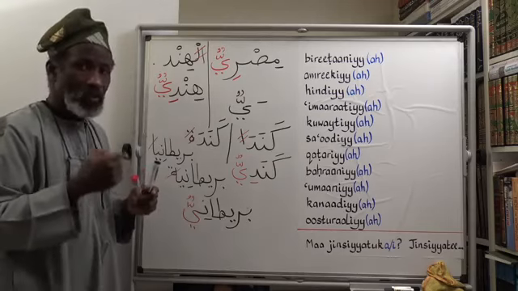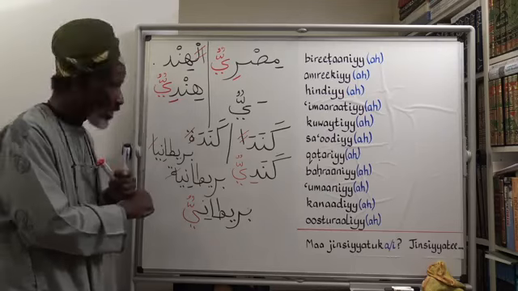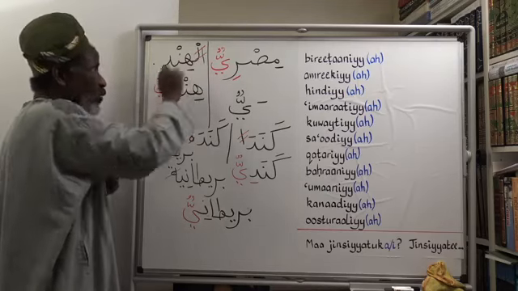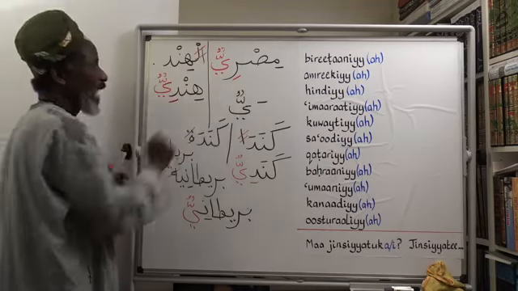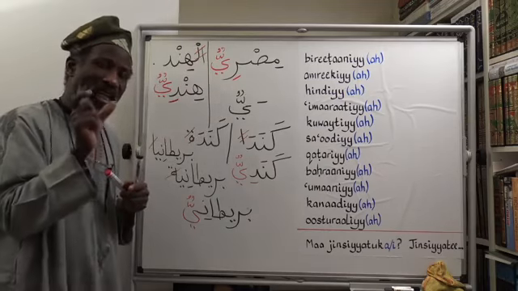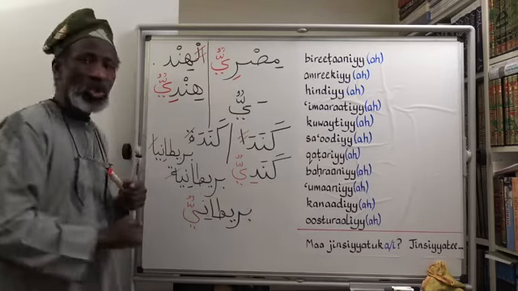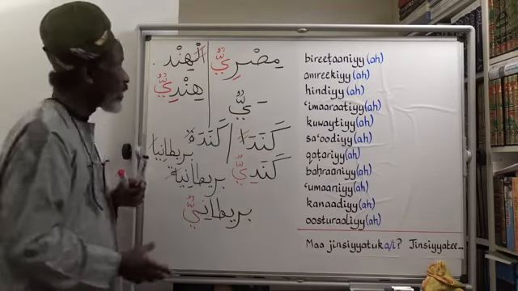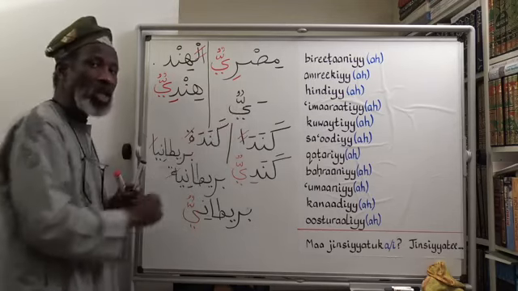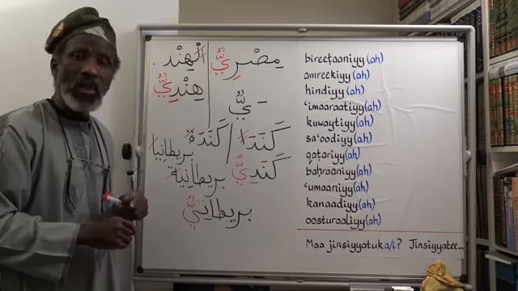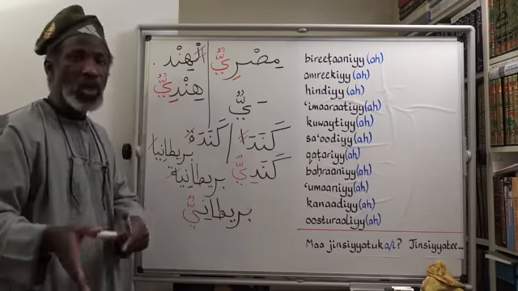So any name which has ta marbuta or long alif at the end, or has this alif wa lam at the beginning, you remove those. Then you do this exercise. You put the i sound on the last letter of the original name of the country, then add a ya, which is a double ya, meaning ya with shadda, and it becomes that the person has an affiliation to the country.